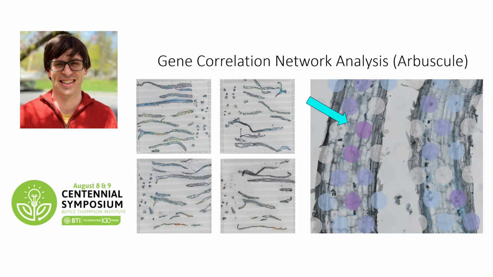So we've looked at how we can use plant markers to isolate these different parts, but we can also use the microscopy itself to identify those spots that contain mature arbuscules or collapsed arbuscules and see what's happening underneath. In this way, we can also add an unsupervised way of looking at it by using gene correlation networks that look at what's upregulated in some of these spots. Here we see a module that's upregulated in these arbuscular regions.